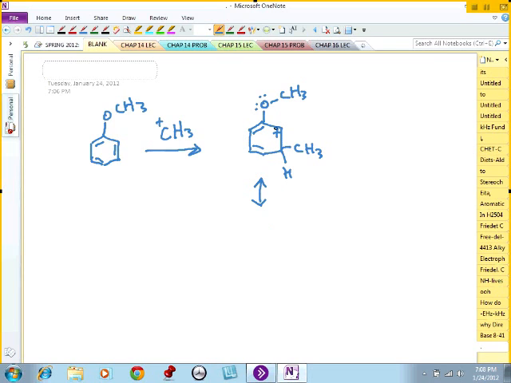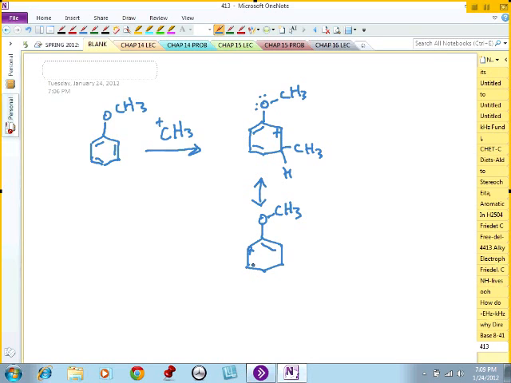So let us move this around. Move this electron to here, right? We have that. If we move this to here, of course that will now go to here.